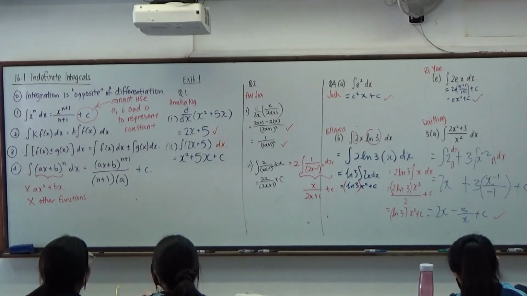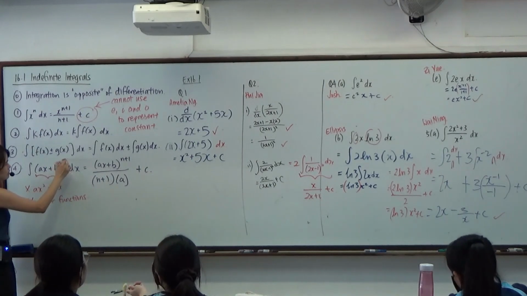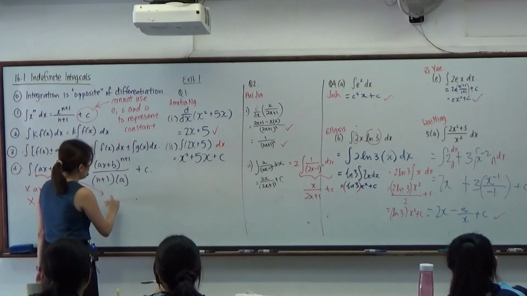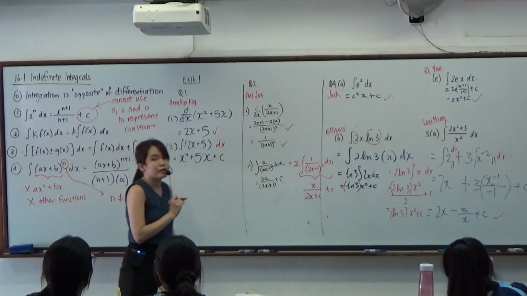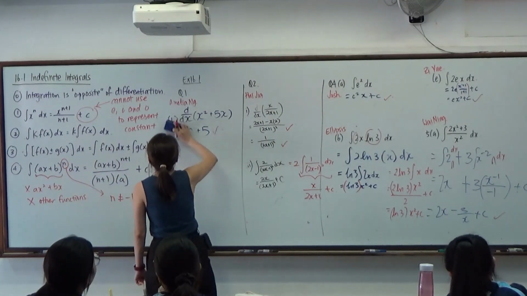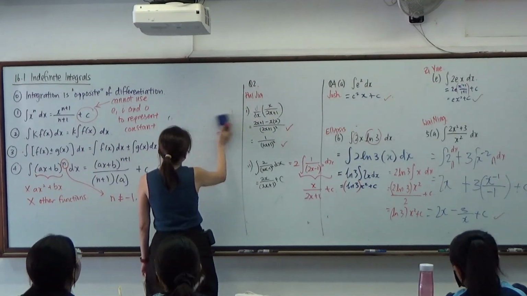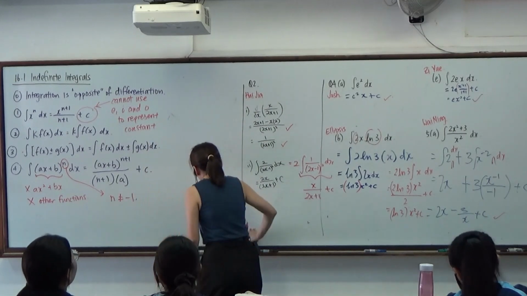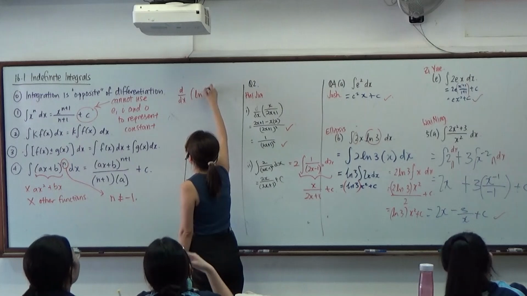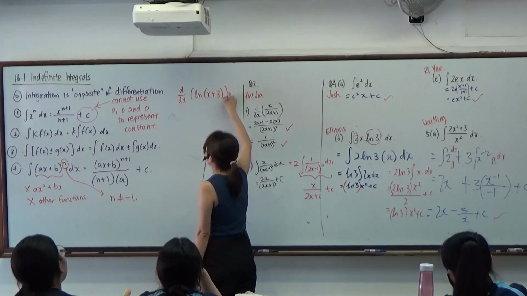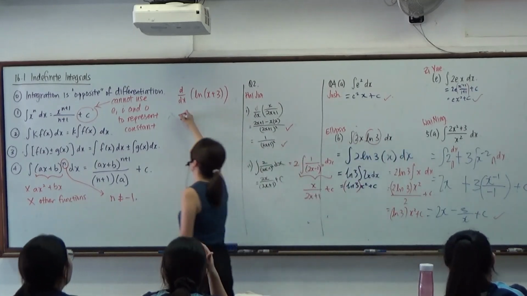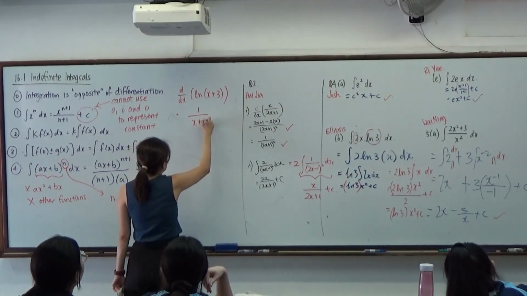Then another important thing is that the power n cannot be equal to negative 1. Why? That's because, let me erase this. We know that if I want to differentiate ln of x plus 3, we have already learned how to differentiate ln. What we're going to get is 1 over x plus 3.